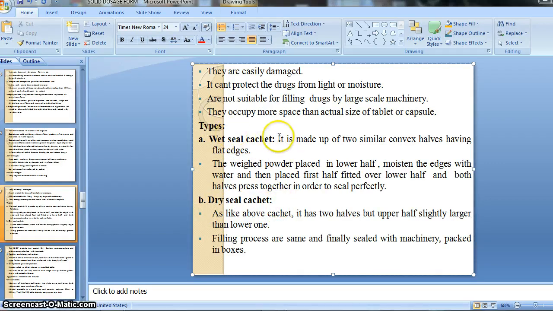So first of all, see the wet seal sachet. It is made up of two similar convex halves having a flat edge, right?